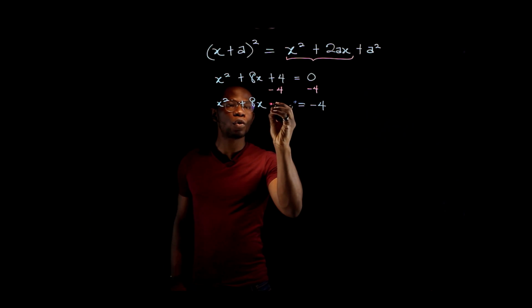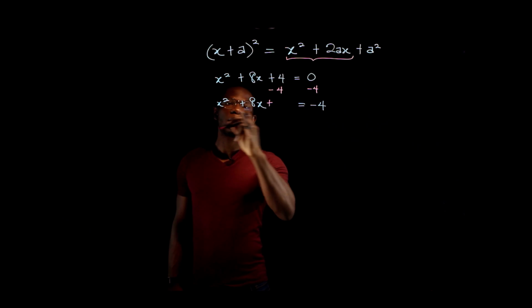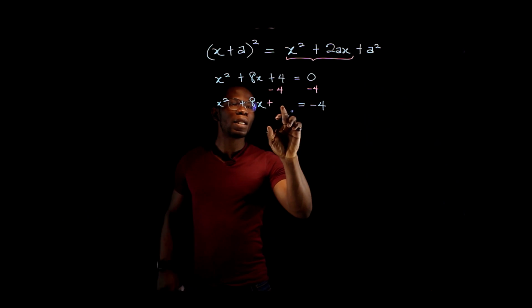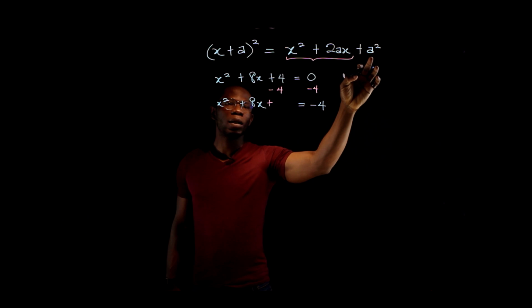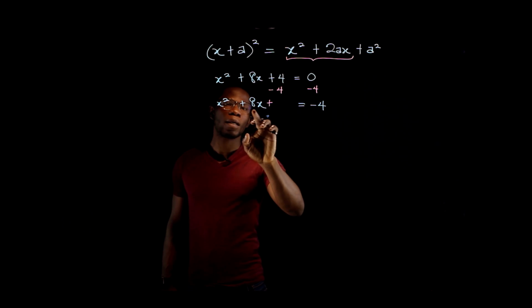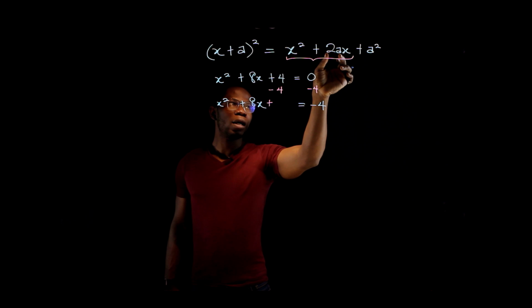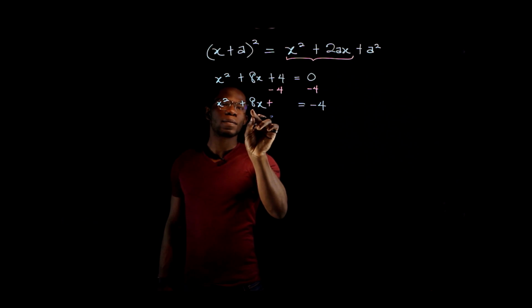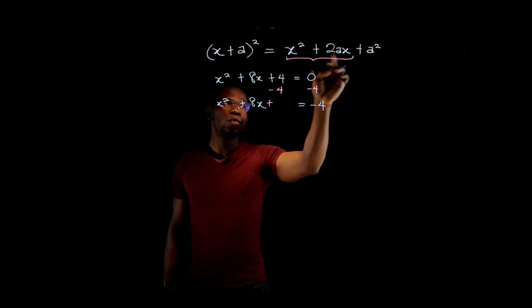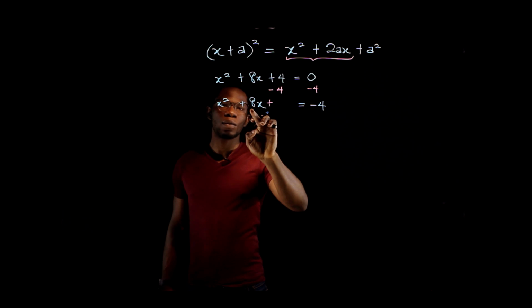Now what we need to do to complete the square in this case is to add something here such that this becomes a perfect square. Now what we need to add here is our a squared. But how do we know what the a squared is? We have an idea of what our a is from here, because we have 2a equals 8. Now if this 2ax equals 8x, definitely 2a is equal to 8.